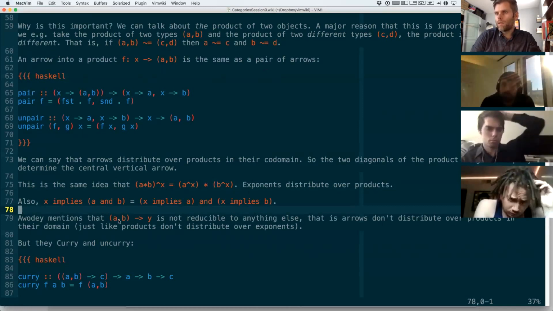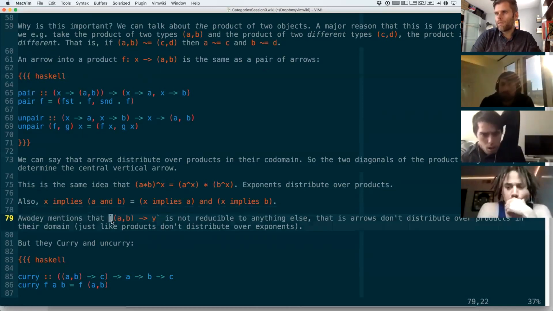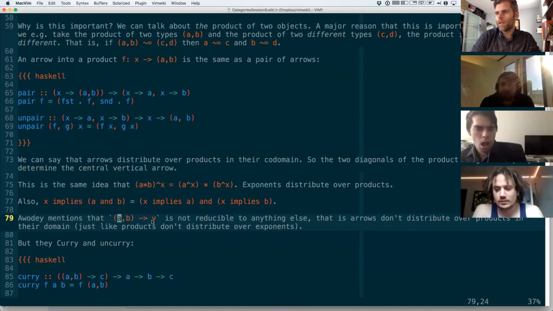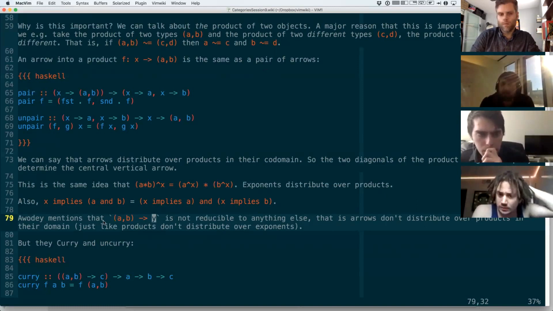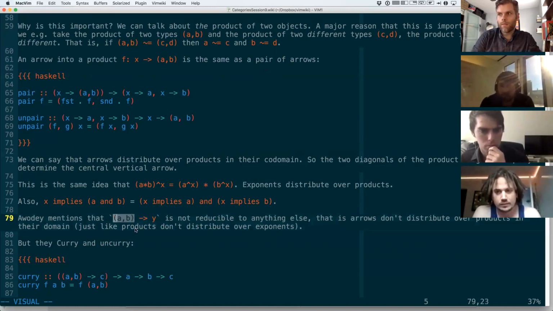He also mentioned arrows from products. So if we have an arrow that takes an A and a B and produces some Y, that isn't reducible to anything more fundamental. So one of the wins that we get from taking products in a category is that it allows us to compose with arrows like this.